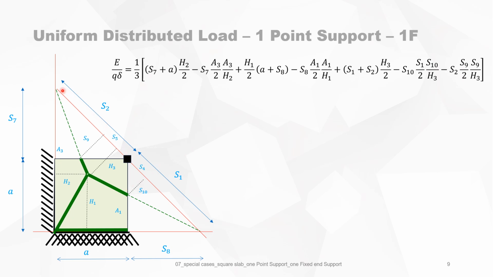And then we got the third part, which is H3 times S2 plus S1 divided by 2. And I have to subtract this triangle from it and this triangle, which is stated there and there.